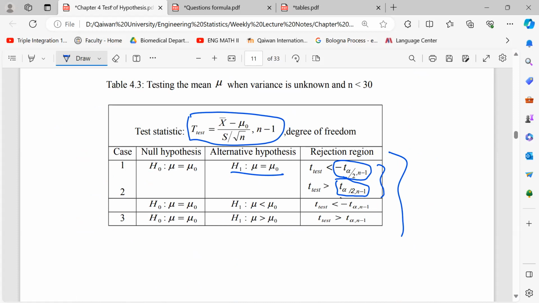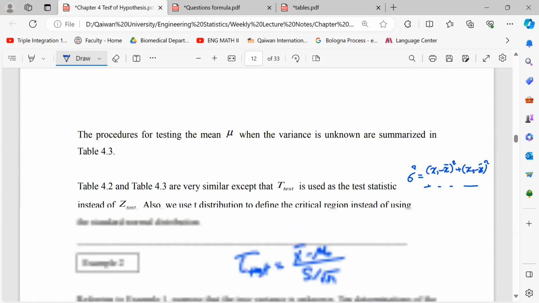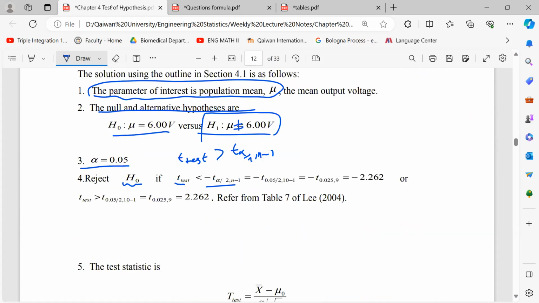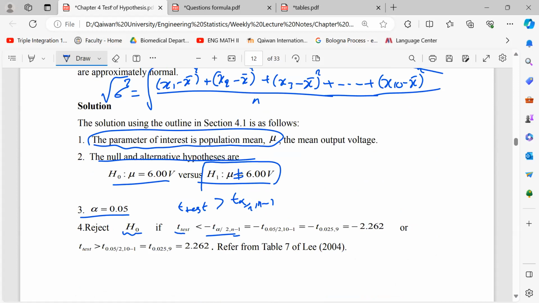In these two cases we reject it, because we chose the case that H1 is mu doesn't equal mu naught. This is step 4. We find t of minus alpha over 2 and n minus 1, and also t of alpha over 2 and n minus 1.